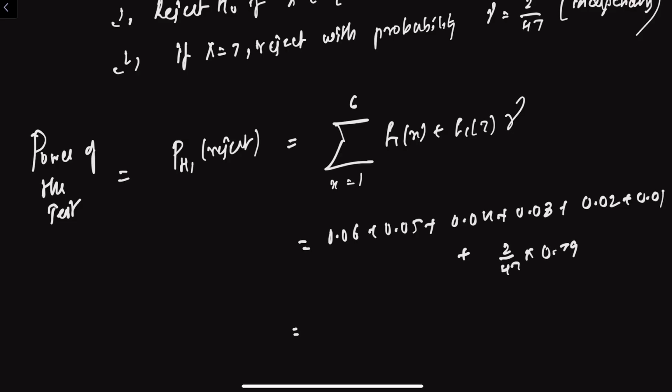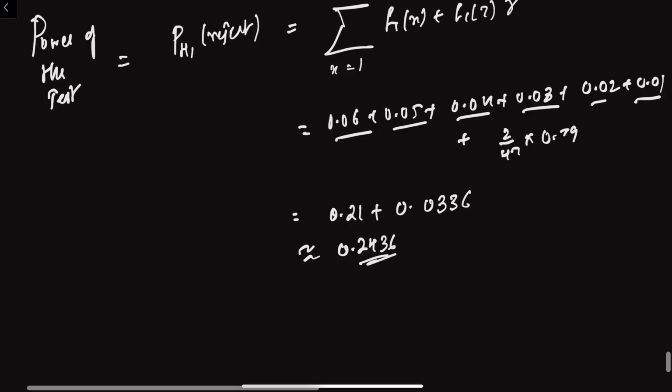If we add 6, 5, 4, 3, 2, 1, we get 0.21, plus this term, which is approximately 0.0336.